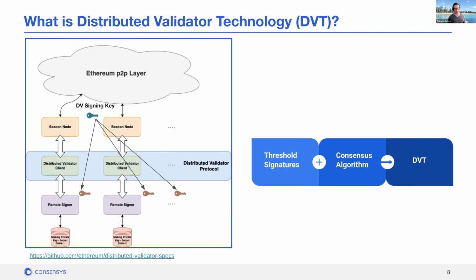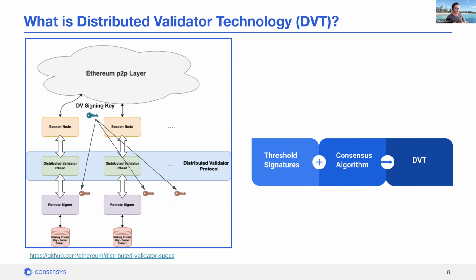The remote signer, you can think of it as an equivalent of the validator client I showed you before. The only difference is that the remote signer accepts requests to sign a block or an attestation, whereas the validator clients do that on their own.